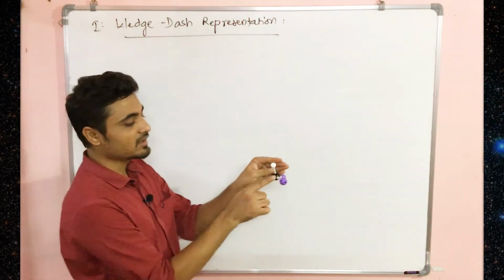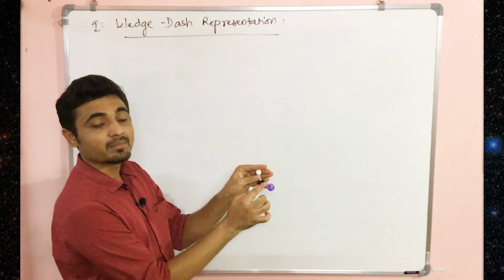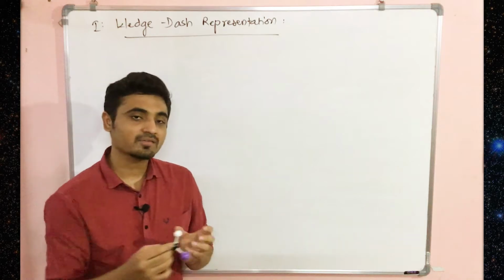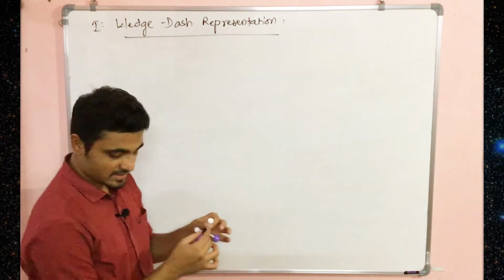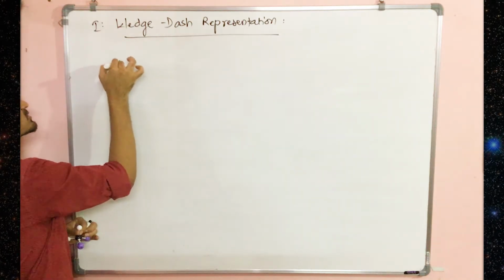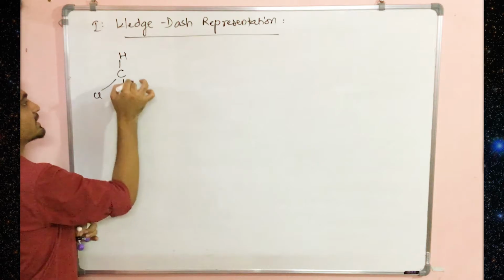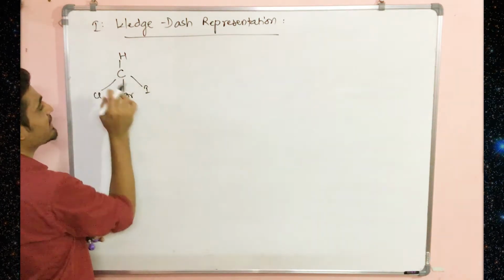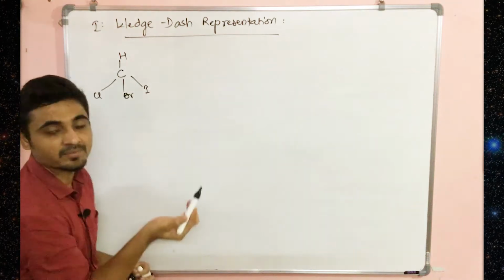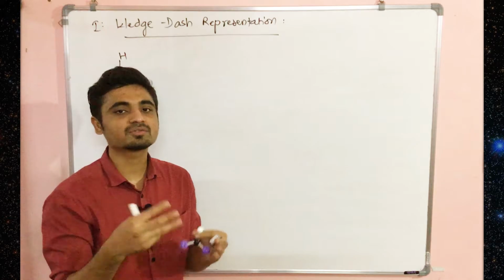The front one, which is coming above the plane, is represented by a wedge bond, and the other one by a dash. Suppose I draw a three-dimensional carbon on the board, it is going to look like this. Suppose Cl, Br and I. But I am representing this three-dimensional compound with all the same types of bond. So I am going to categorize my bonds into three kinds.